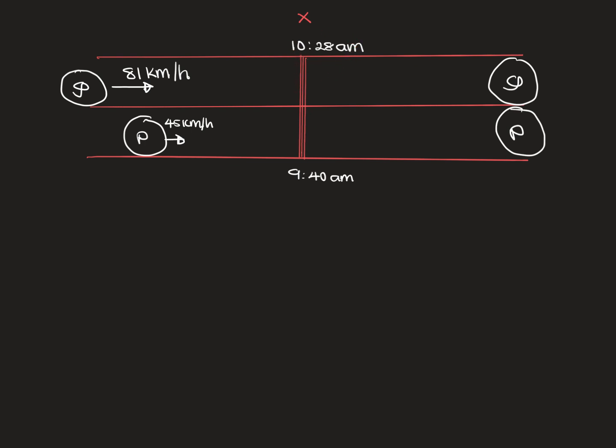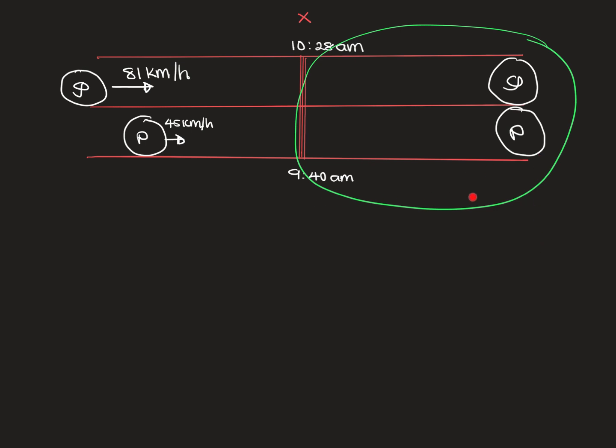Is that clear? What is important for us here is the distance from the reference point to where Q overtakes P. I am not interested in the previous events. I am only interested in the stretch from point X to where they overtake each other.